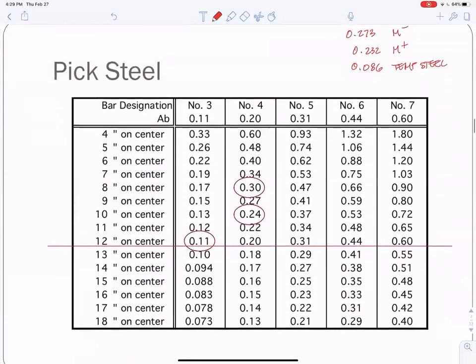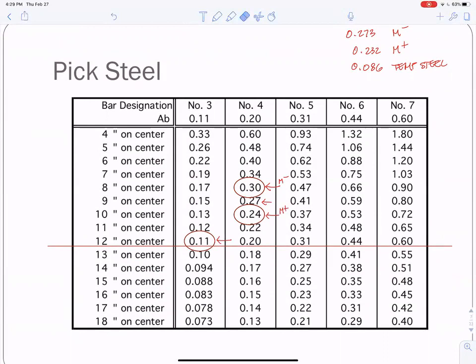Okay, go to the table. I guess I could have used this 2.7 for the 273, but I picked that. So that's for negative moment. This is the next biggest one for positive moment. And I decided to use number 3s for the temperature steel.